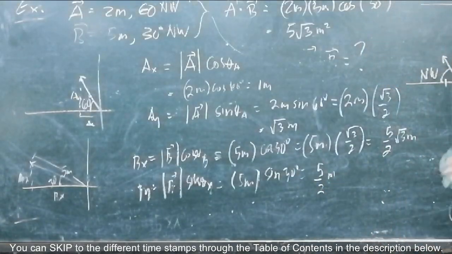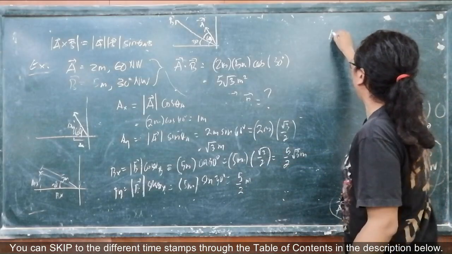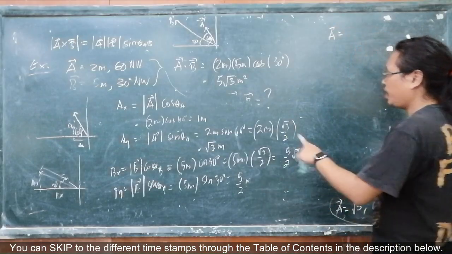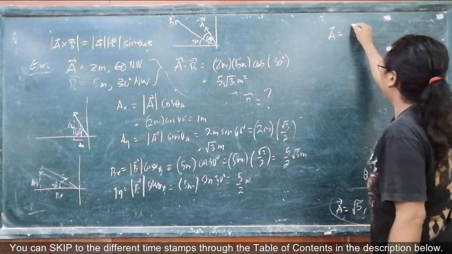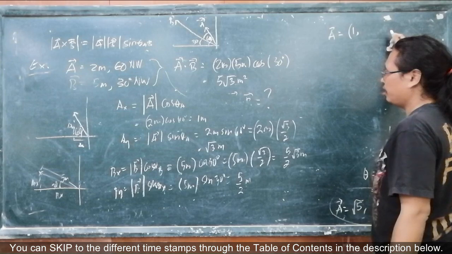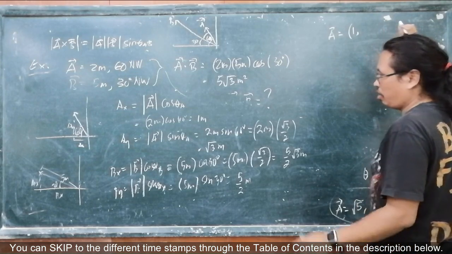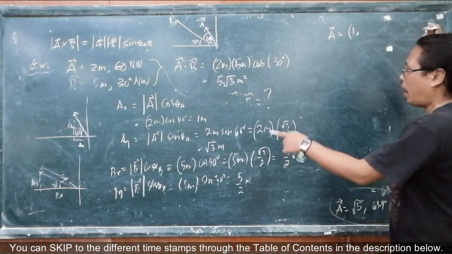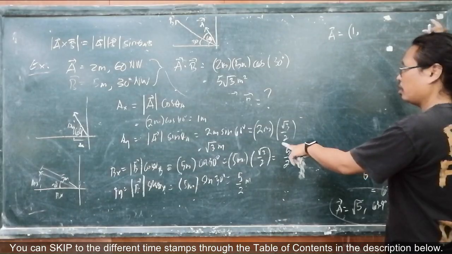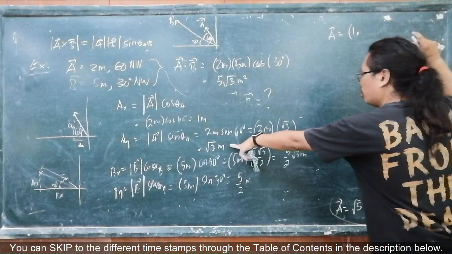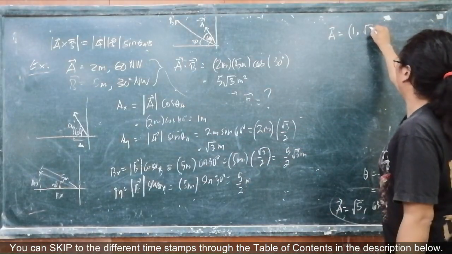So now we have our vector A and vector B in Cartesian form. In Cartesian form, what is A? I'll omit the units to make it shorter. It is 1 and square root of 3.